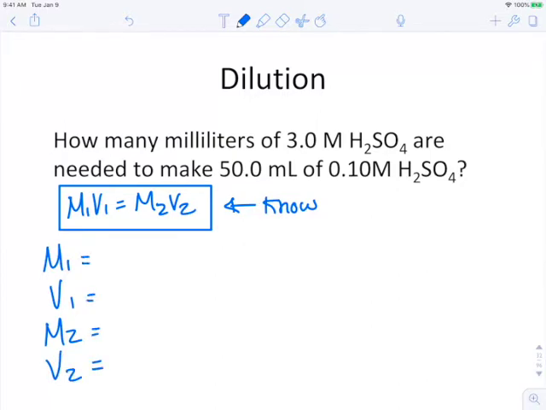I like to think of the ones as before and the twos as after. It says how many milliliters of the 3 molar sulfuric acid are needed. So that means I'm starting with that 3 molar sulfuric acid. So I'm going to call my M1 3 molar, because this is what we're starting with.